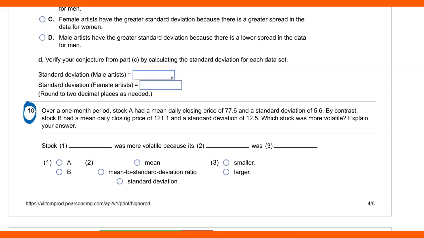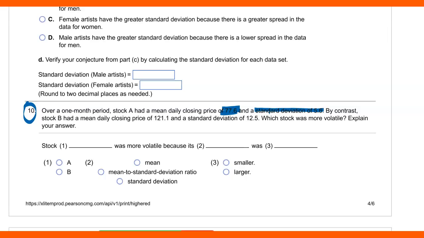Over a 1 month period, stock A had a mean daily closing price of 77.6 and a standard deviation of 5.6. That's the mean of stock A, and that's the standard deviation of stock A. Stock is a share you can buy in the market.